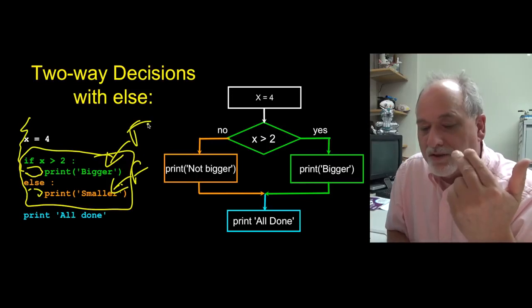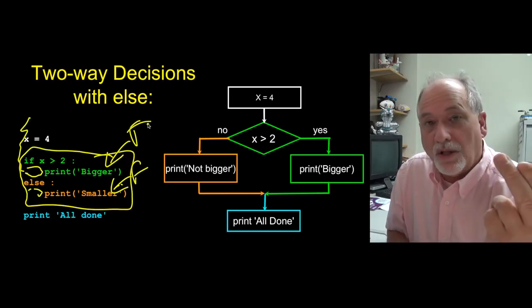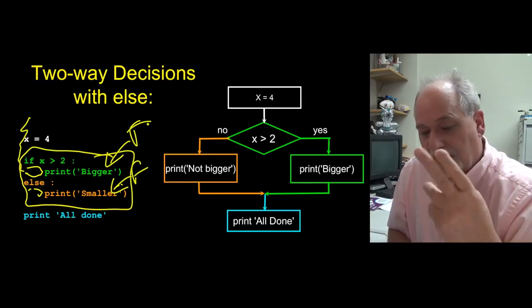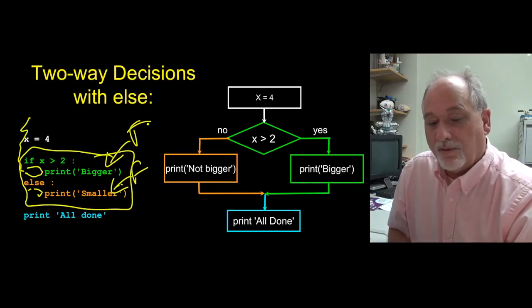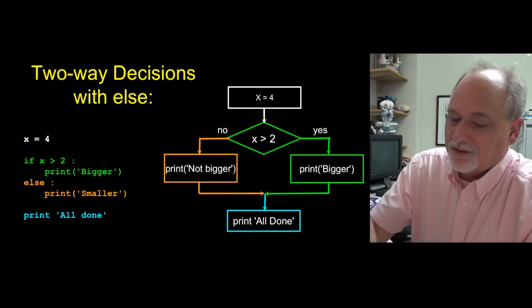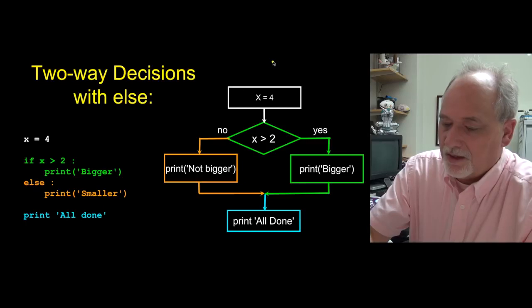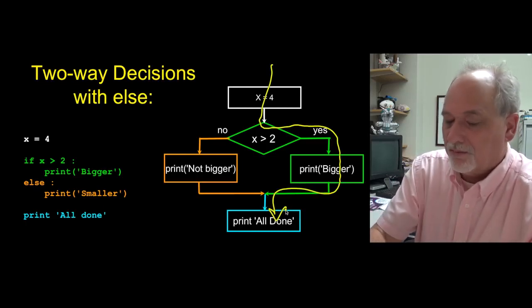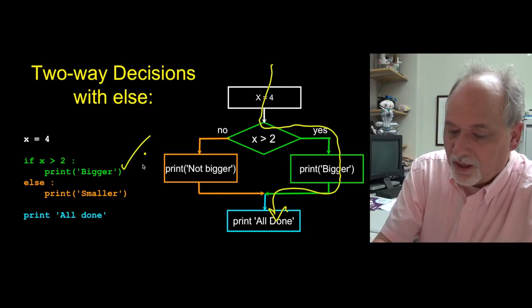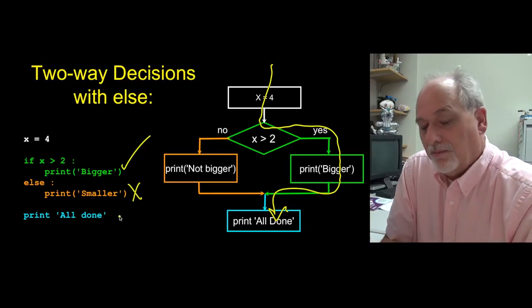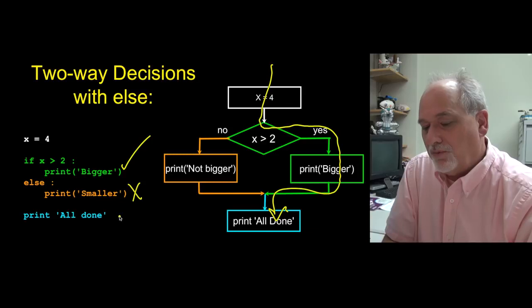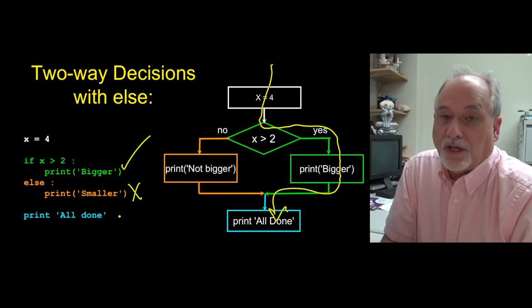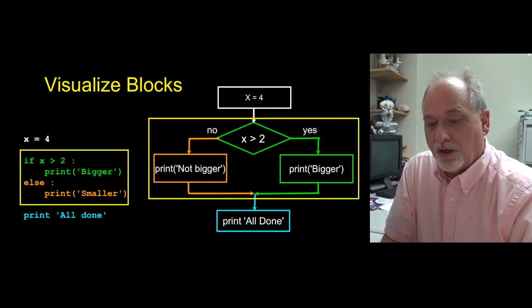The first indented block is what runs if it's true, and the second indented block is the one that runs if it's false. And so here we go. It's just if x is greater than 2, in this case it's yes, we're going to print bigger, and then we're all done. So this one did run, and this one did not run. With an if then else, one of the 2 branches is going to run, but there's no case in which both branches run.